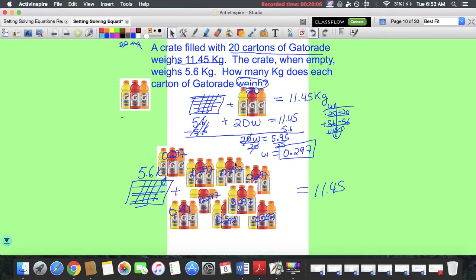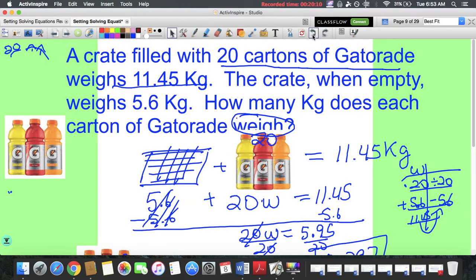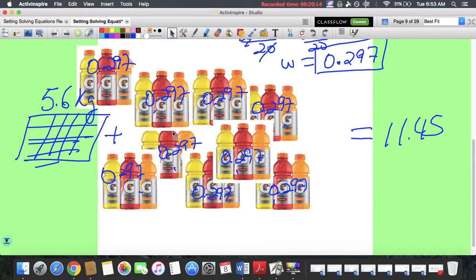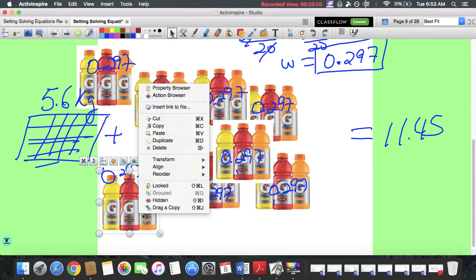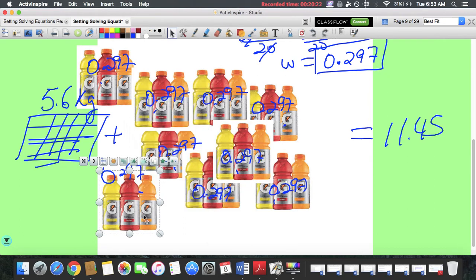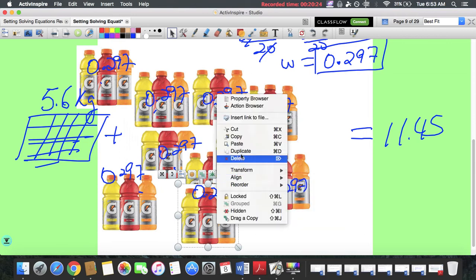So imagine, if I had 20 Gatorades, every single one would be, again, like there's more Gatorades.